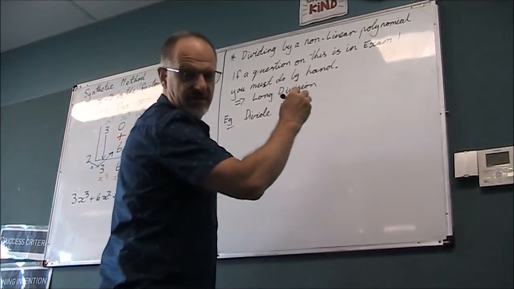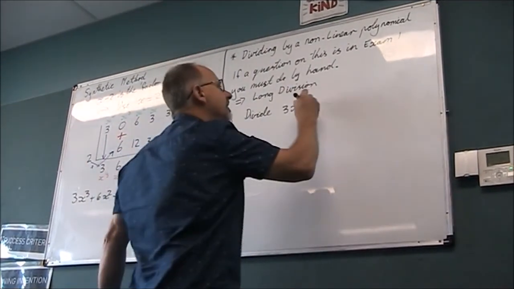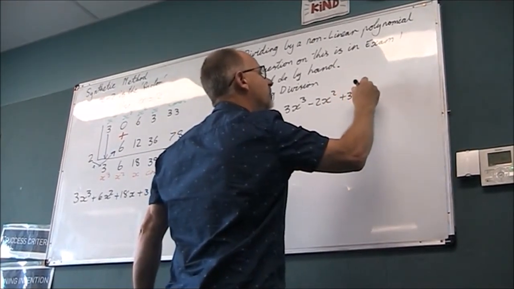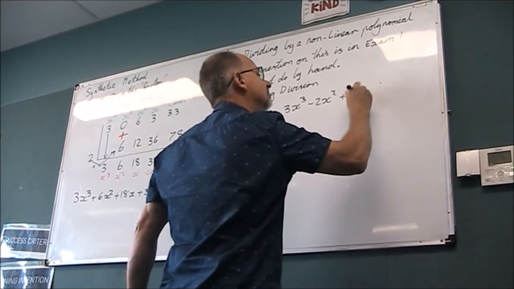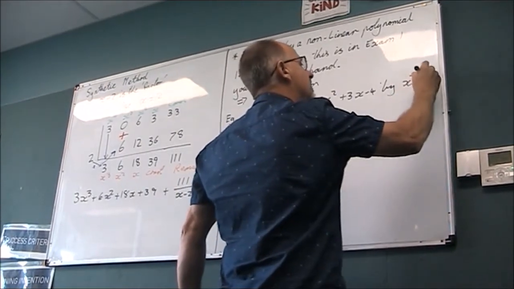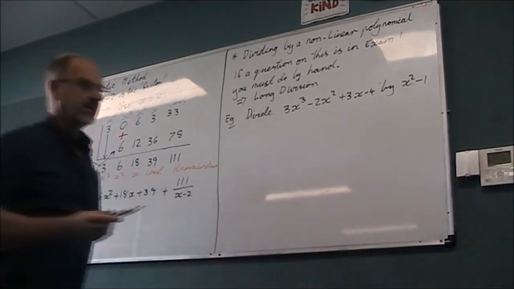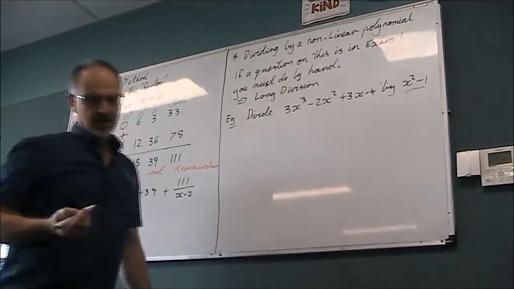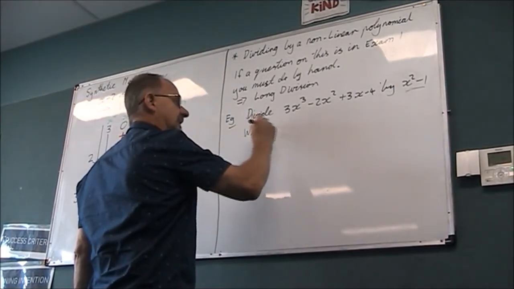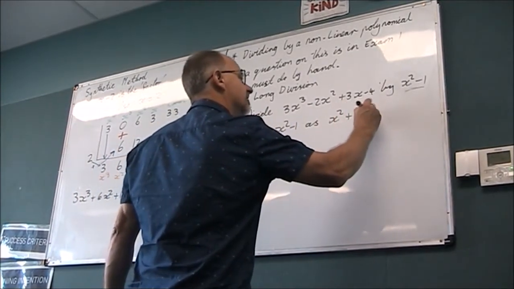So we're going to divide 3x cubed minus 2x squared plus 3x minus 4 by x squared minus 1. Now you'll notice here our x squared minus 1 has no x term in it, so what we need to do is write x squared minus 1 as x squared plus 0 lots of x minus 1.